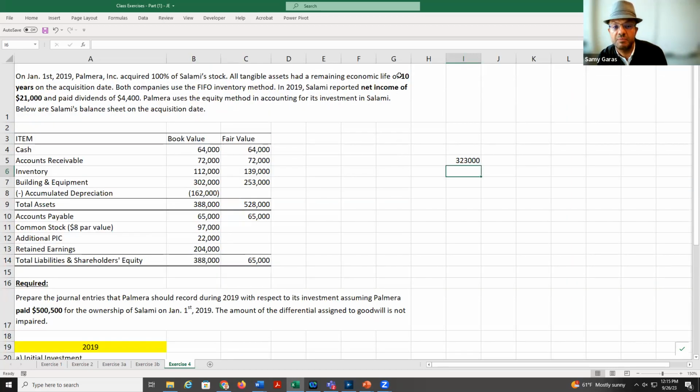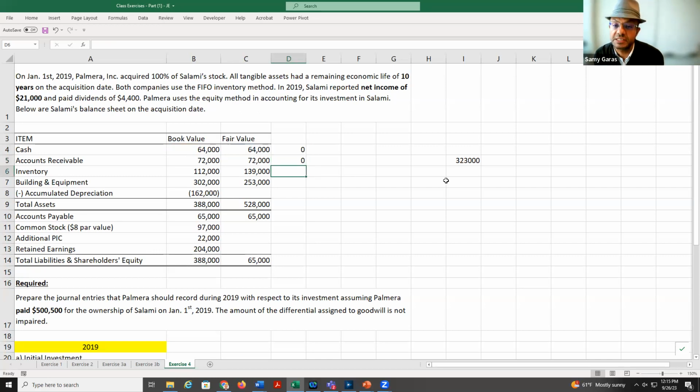and then divide it by the number of years, which is here 10 years. However, we have here inventory, which increased, and building, which decreased. So here, if I subtract the fair value minus book value, there is no difference in cash.